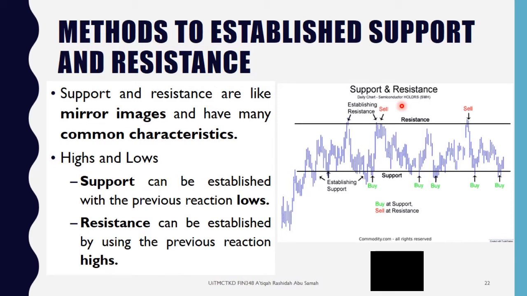For example, they might use support and resistance, or patterns, or indicators, or a mix of them, to analyze the price movement. To decide buy and sell signals using support and resistance, this is an example: buy at support and sell at resistance.